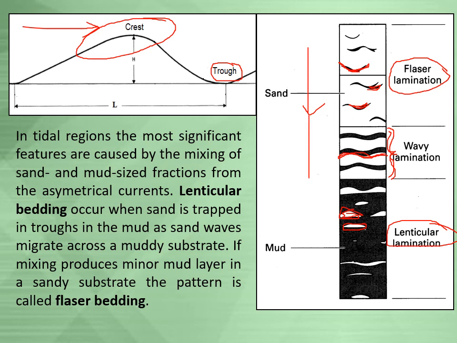Then mud deposition increases and is deposited all over the ripple surface, both in crests and troughs, forming wavy lamination or wavy bedding. And ultimately, when the mud deposition is extremely high, it looks like the rippled sand bodies are floating within the mud deposition. Then we call them lenticular bed or lenticular lamination.